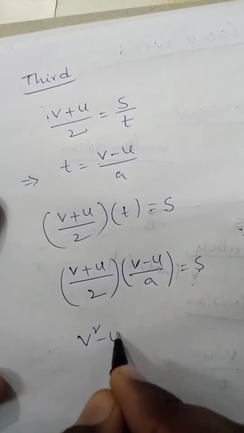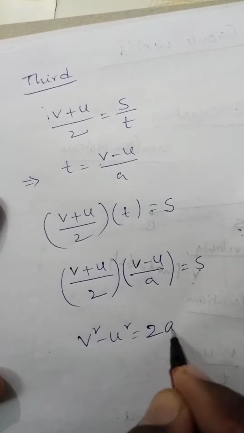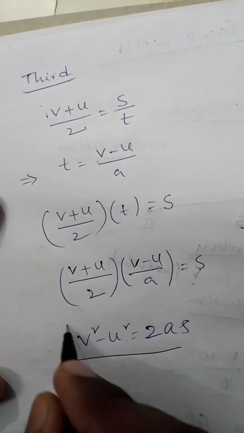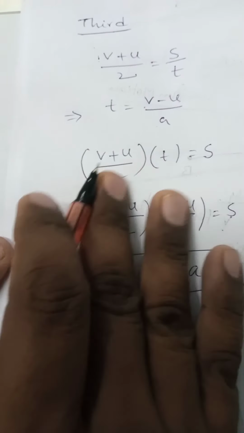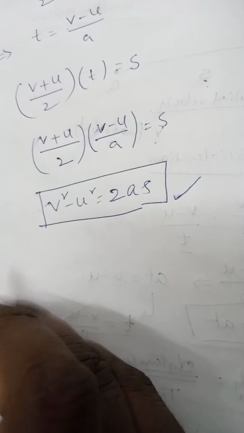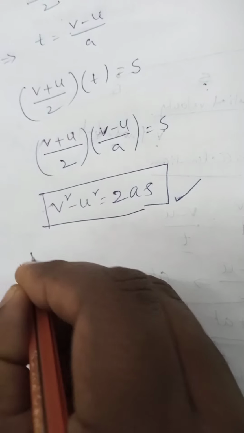Finally, v square minus u square equals 2as. This is the third kinematic equation. These three equations hold only in the case of uniform acceleration. Okay, thank you very much.